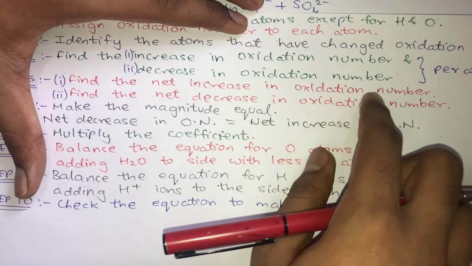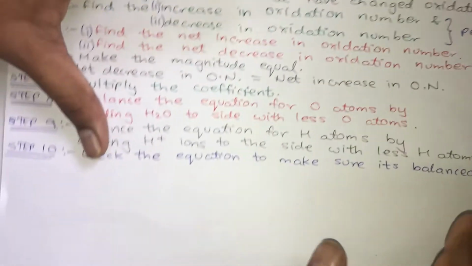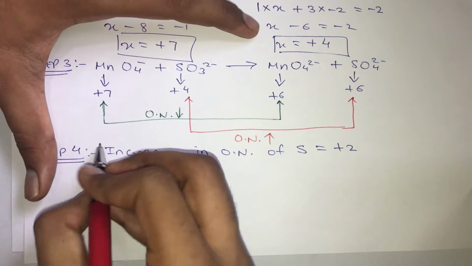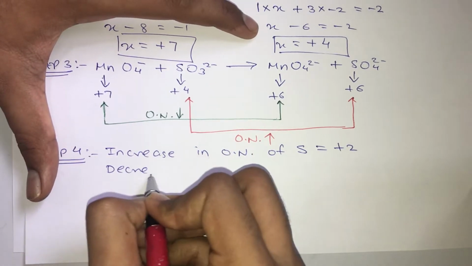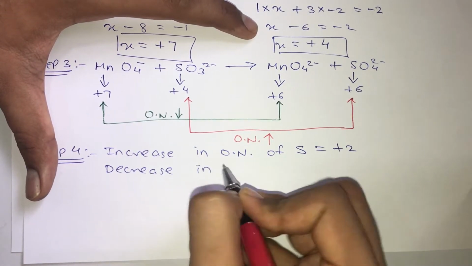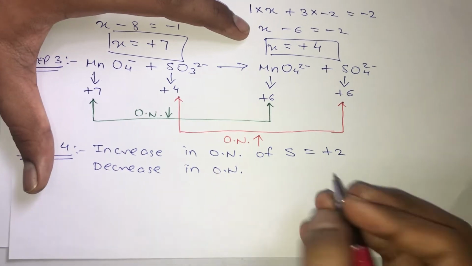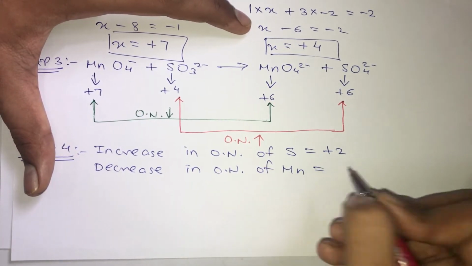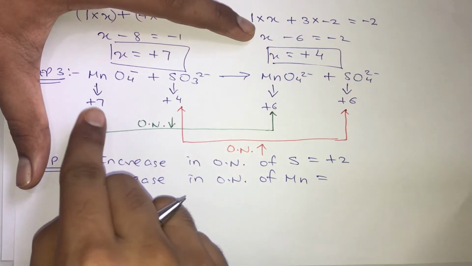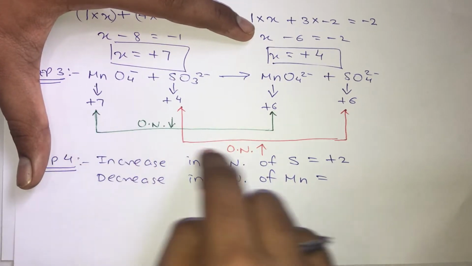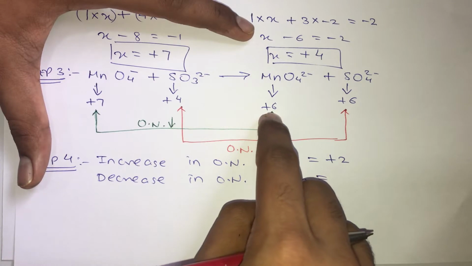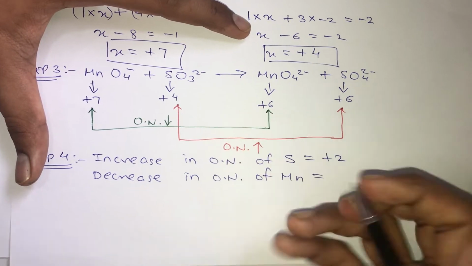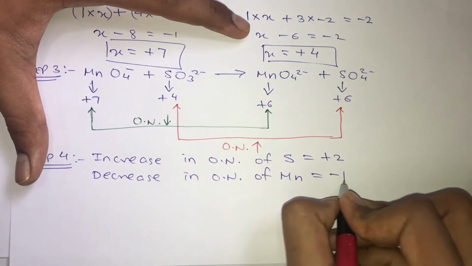Similarly, the second step, decrease in oxidation number. What is the decrease in oxidation number? Let's see. So the decrease in oxidation number of the manganese atom is how much? From +7 to +6. So can I say that the change is -1? Am I right?